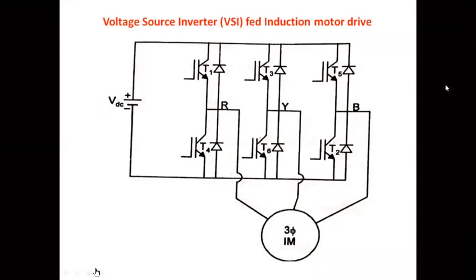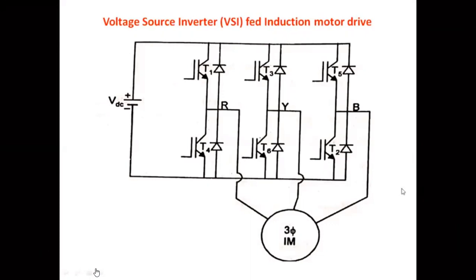Now, what is the necessity of a voltage source inverter for induction motor driving? How is it going to operate and control an induction motor? We will see in this topic. This topic is completely based on the V by F control operation.